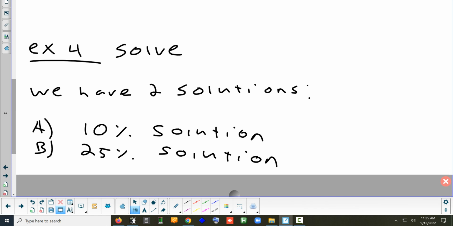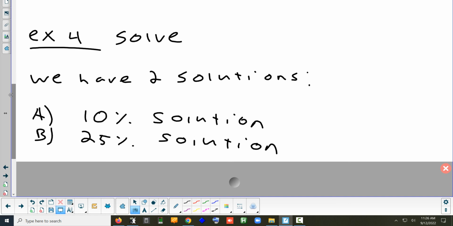So we have two solutions, and we have as much as we need of each one. So we have a 10% solution and a 25%. What we want to do first is decide how we're going to represent the amount of the first solution and the amount of the second solution.